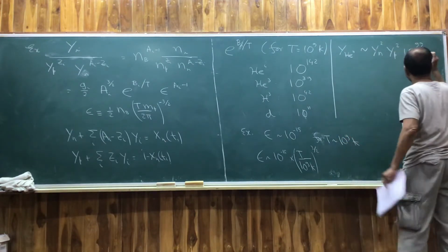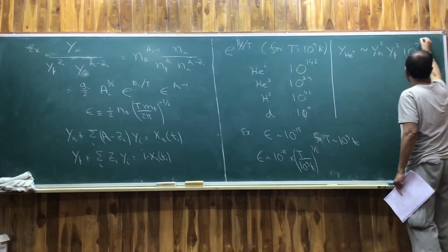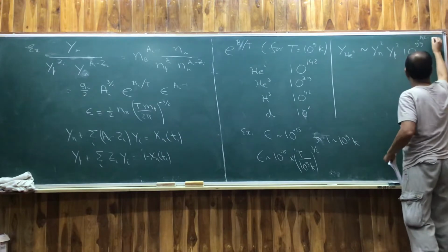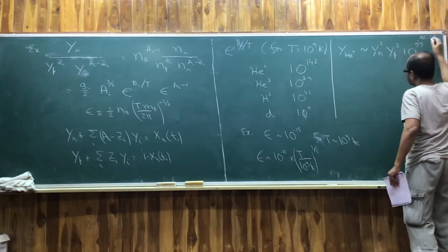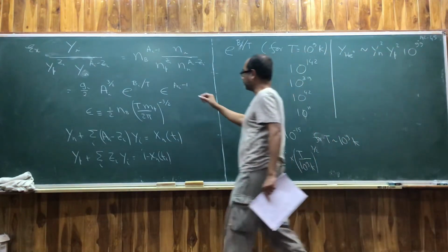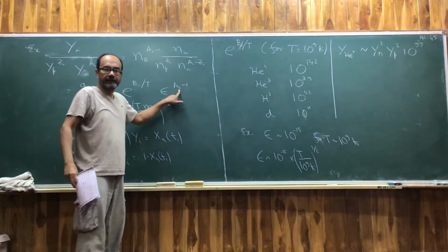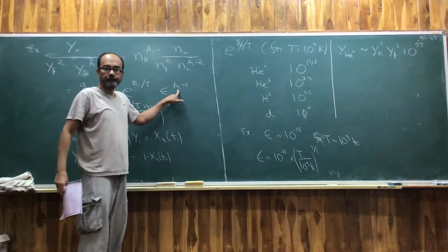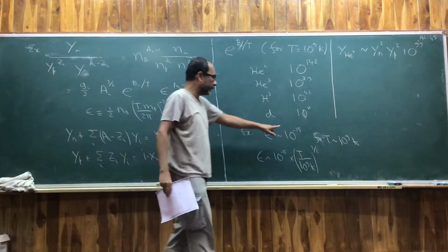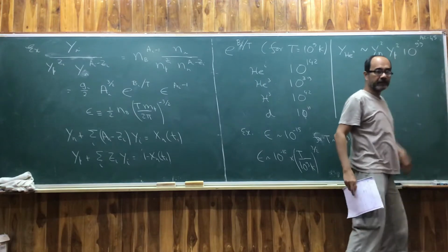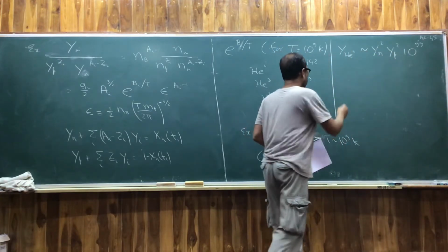Where did 97 come from? 97 is 142 minus 45. 45 because we have an epsilon to the power A_i minus 1. A_i is 4 for helium 4, so an epsilon cube, and an epsilon cube is 10 to the minus 45. That's where this minus 45 comes from.